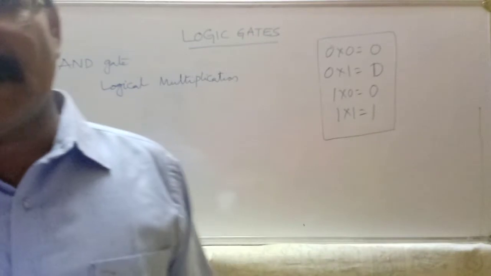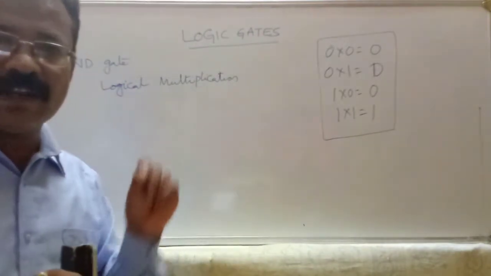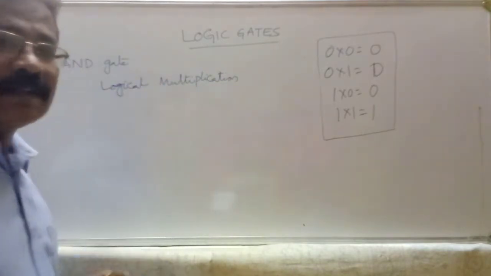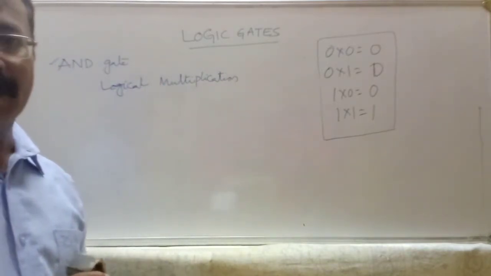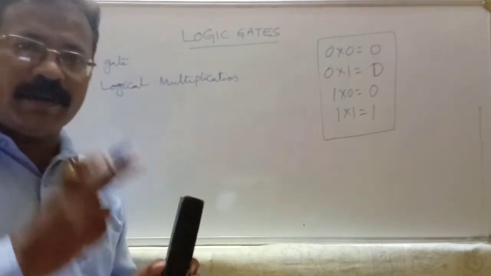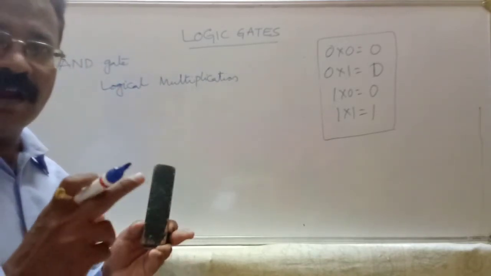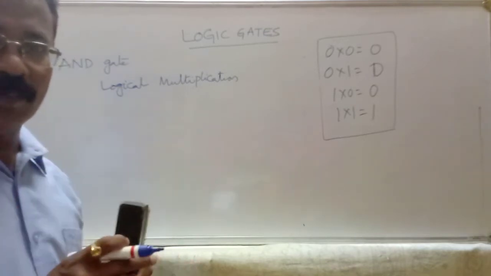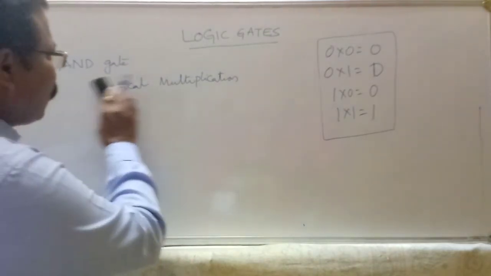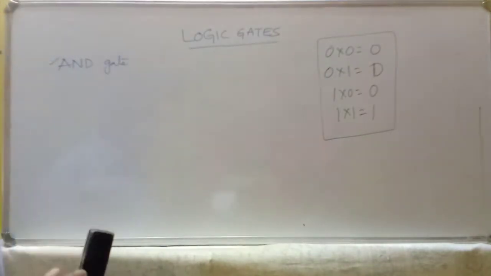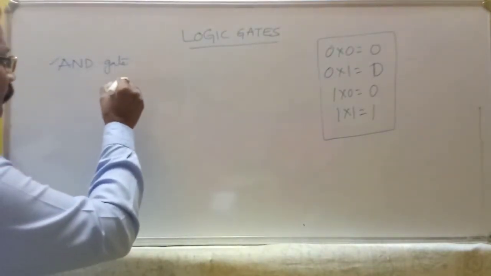The AND gate is a digital electronic circuit which is used to perform logical multiplication. It is having two or more inputs and only one output. The symbolic representation of this AND gate is like this.